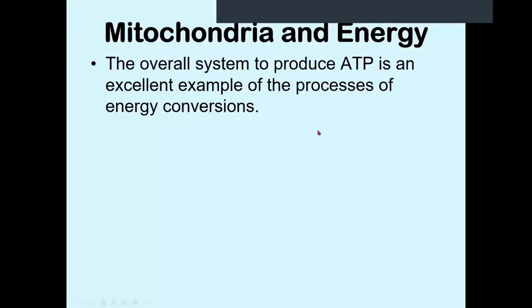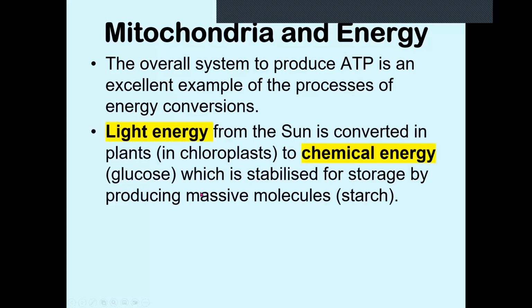The overall system is just an amazingly efficient system where energy conversions occur. So, for example, light energy from the sun is converted in plants, in the chloroplast, to a chemical energy called glucose. Now, glucose is very, very stable and stores a huge amount of energy.